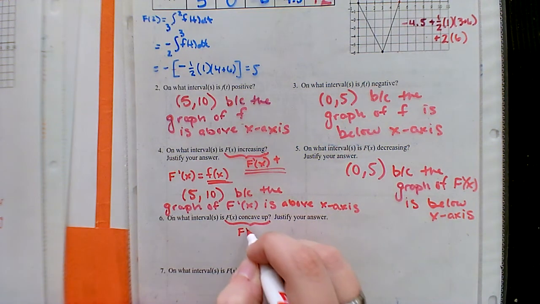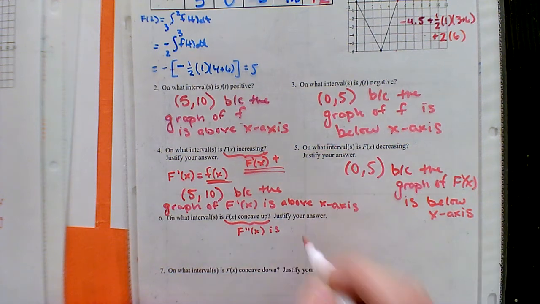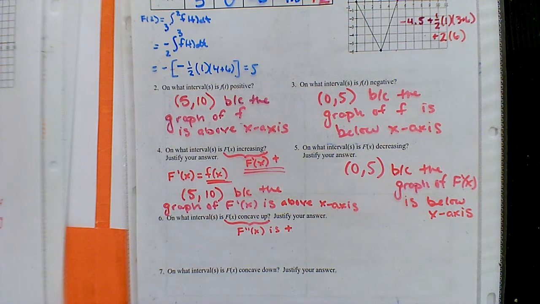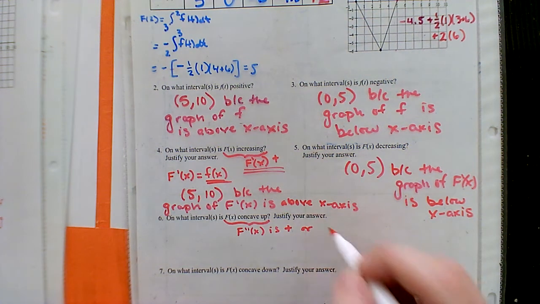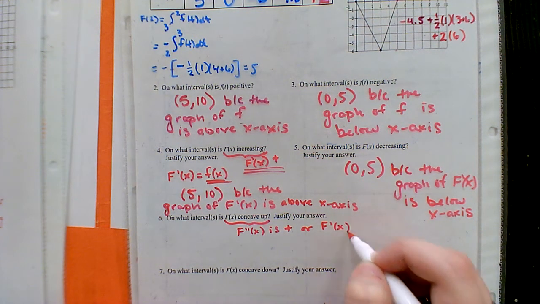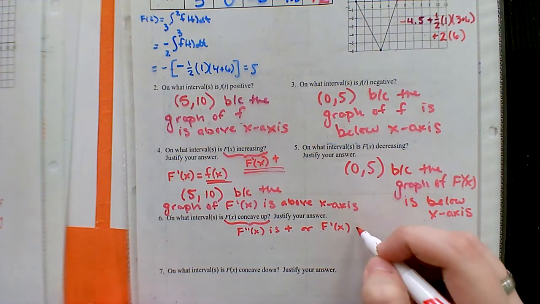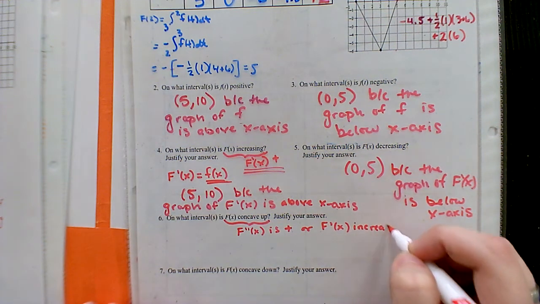Okay, so F double prime is positive. Or, what's F prime doing? Increasing. Good.